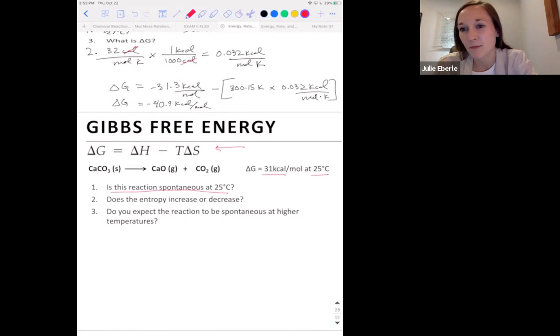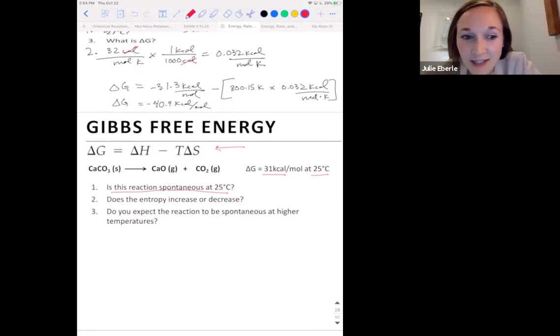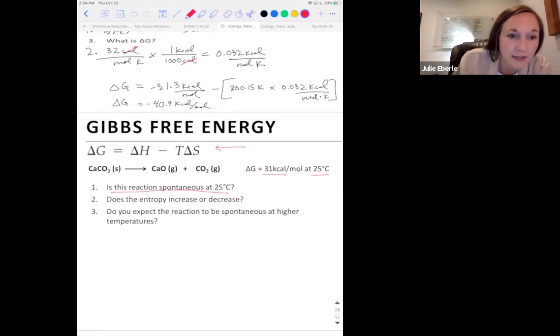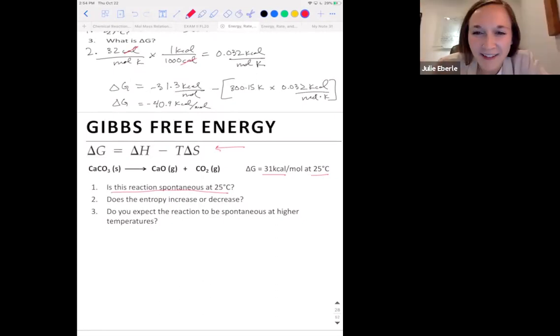Is it favorable? I'm not even seeing a head shake, not even a small one. It's spontaneous, right? Say that again. It is spontaneous, right? Because they're both positive. Okay, Aubrey says it is spontaneous because they're both positive. I could be wrong. Well, yeah, anybody could be wrong. There's times where I'm wrong. That's scary. I better not be wrong.